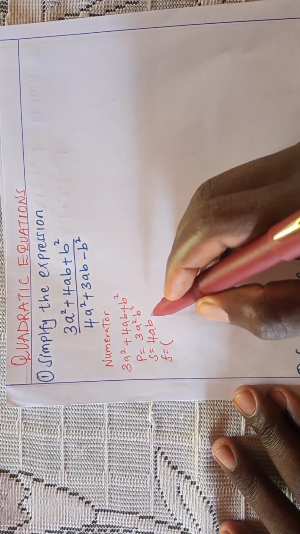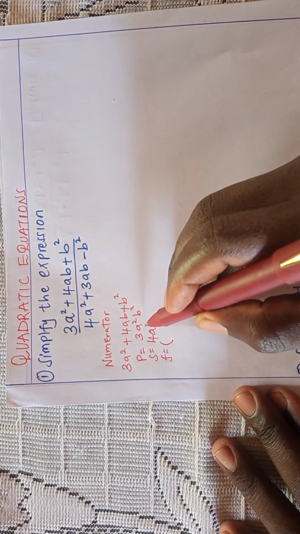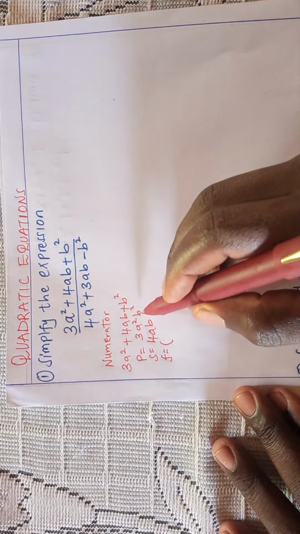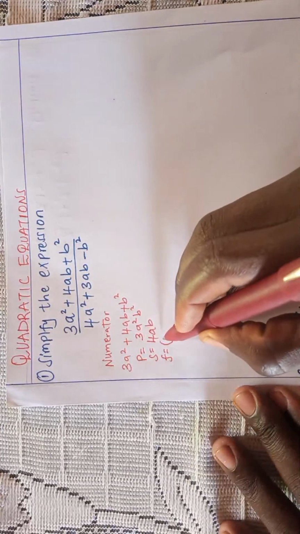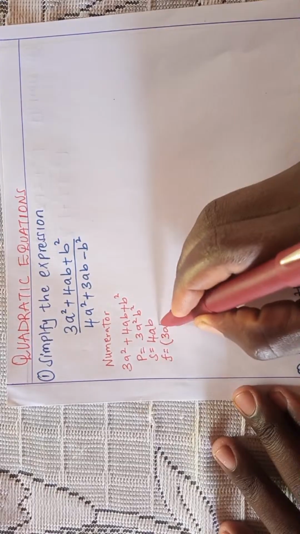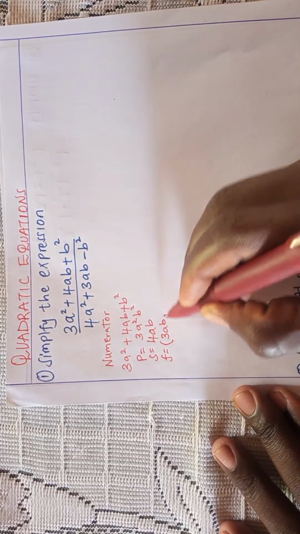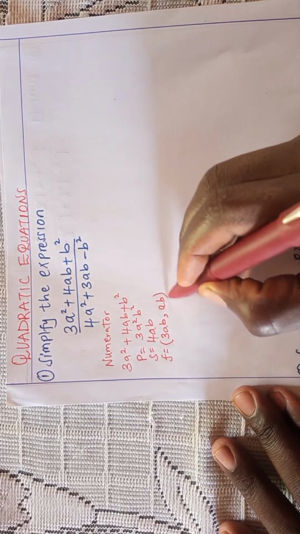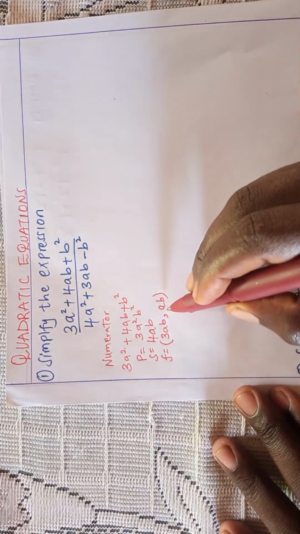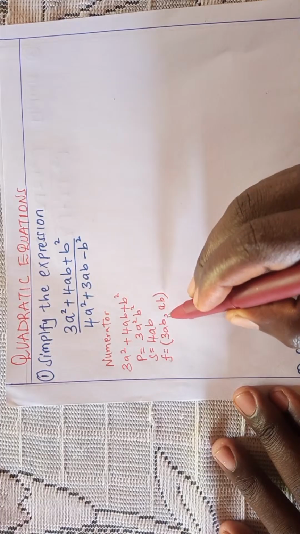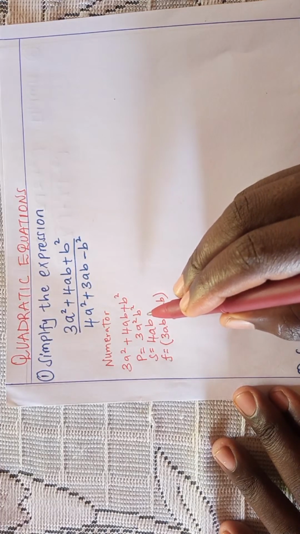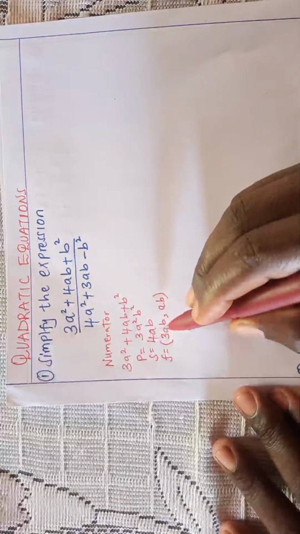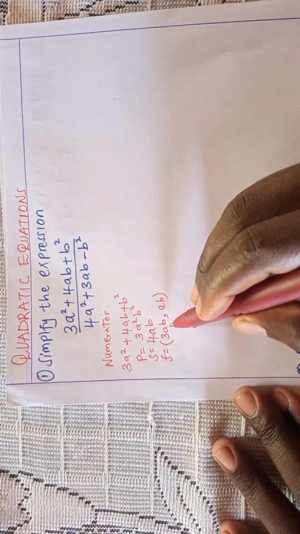If you check very well, we have 3a squared and b squared. The factors in fact are 3ab and ab. If you multiply 3ab by ab, you get 3a squared b squared. If you add the two, you get the sum, which is 4ab.